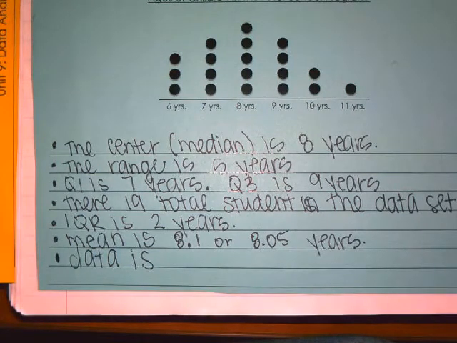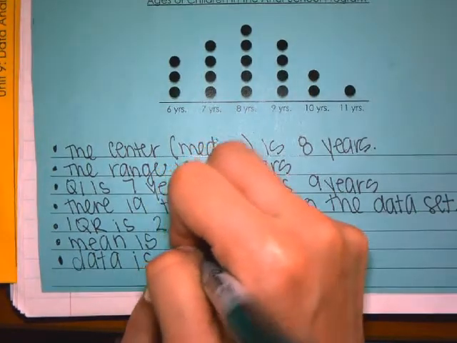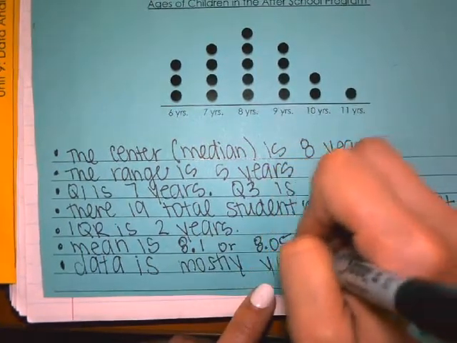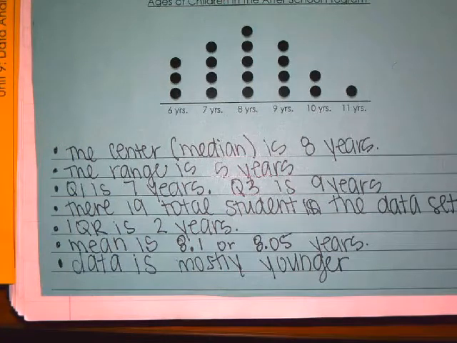Is most of your data younger or older? Younger. So you would just tell me the data is mostly younger. So being able to just say where a majority of your data is located. Questions on that, you guys?